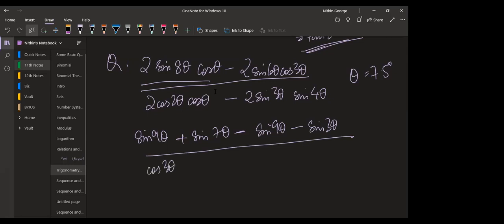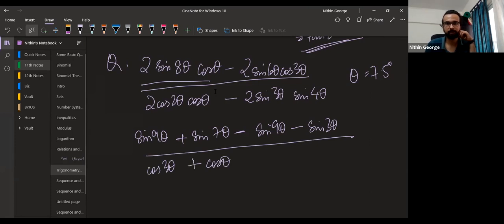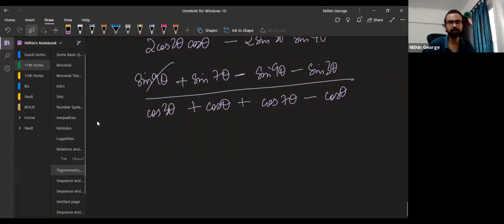cos 3 theta plus cos theta. And then here you get plus cos 7 theta minus cos theta. So then what does this become next? You get some terms cancelling out.